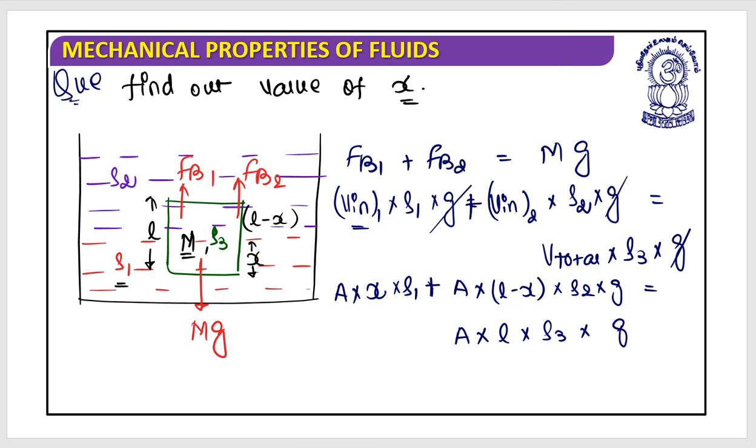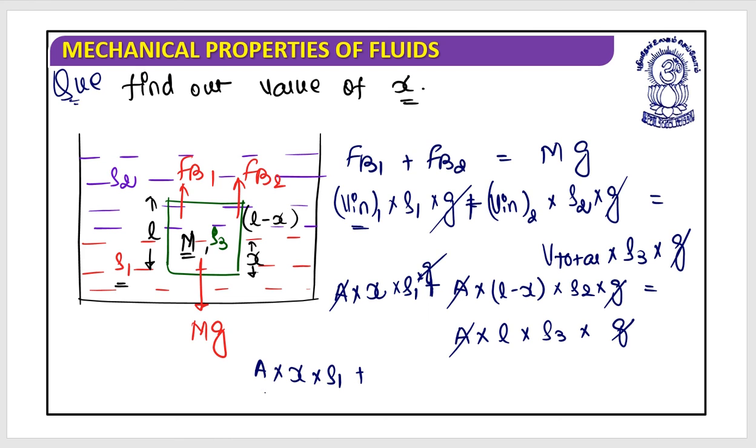This is multiplied by g. Sorry, I forgot to write this down. It's g, and g has gone, and from this it is just the case of A. Let me write this. It's A into x into density 1 plus area, and the area has gone.